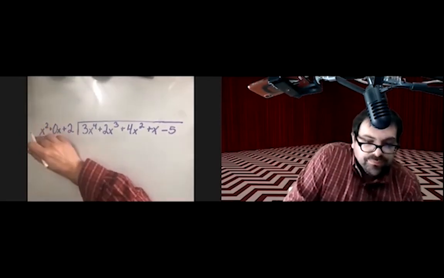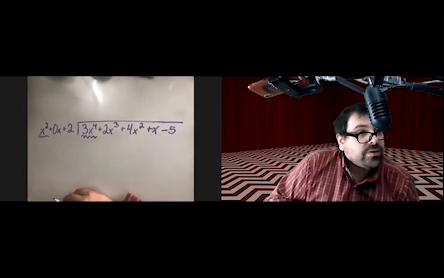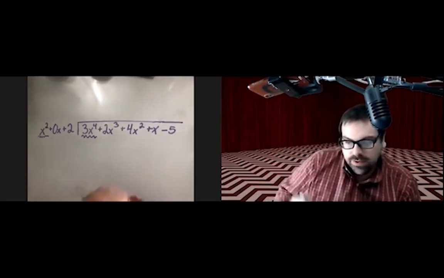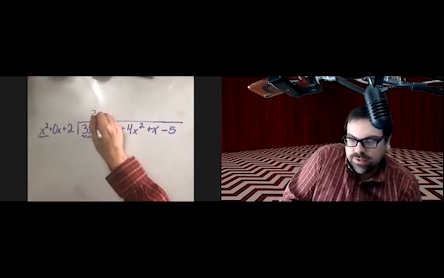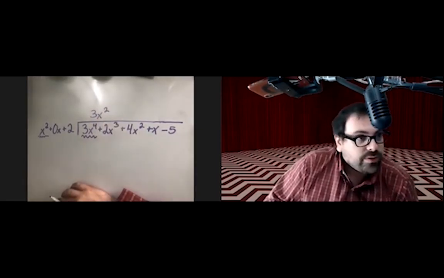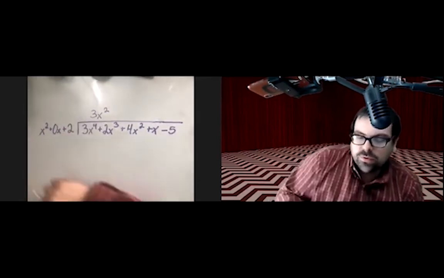Just look at the first term, the x squared, the 3x to the 4th. X squared times what is 3x to the 4th? X squared times 3x squared is 3x to the 4th. Multiply around the corner.